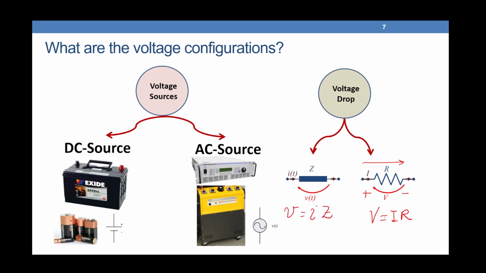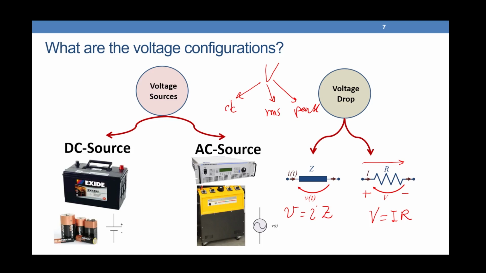We notice here that the right equation is written in capital letters, whereas the left equation is in small letters. Any difference? Yes. If we have a capital letter, we can have a DC value, but we can also have an RMS value or peak value. So if we have a specific value, we write the voltage in capital letters.